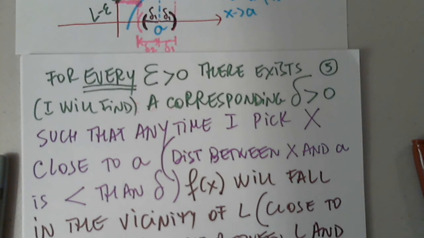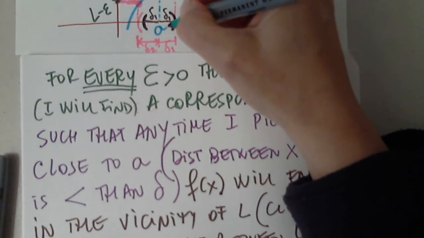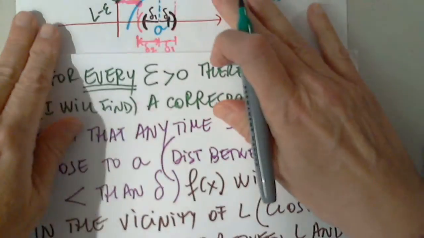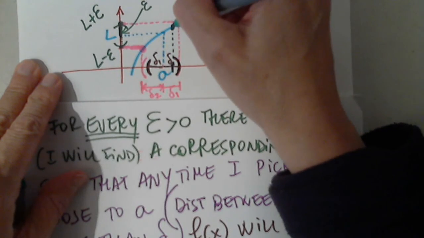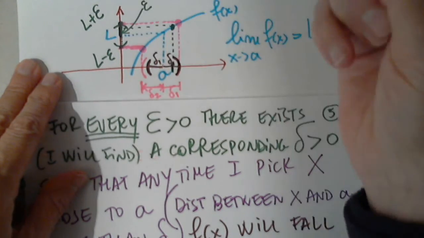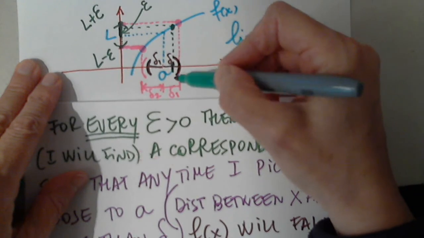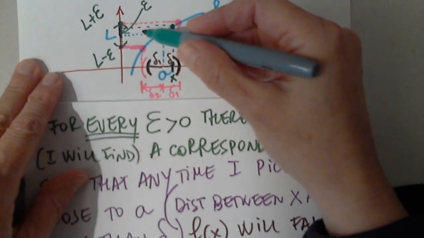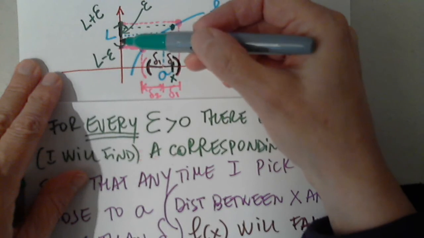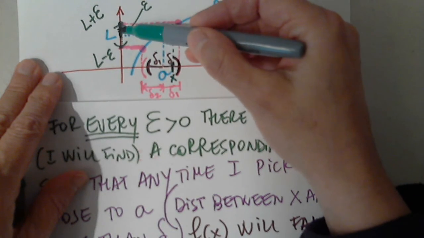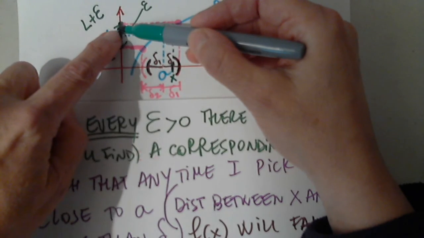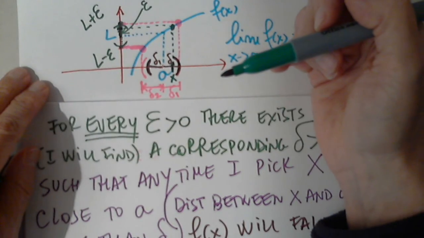So watch me pick x. So if I pick x here, look what happens. Will f of this x, if I pick this x, will f of this x fall within between L and L plus epsilon? Will it fall so that the distance between L and itself is less than epsilon?